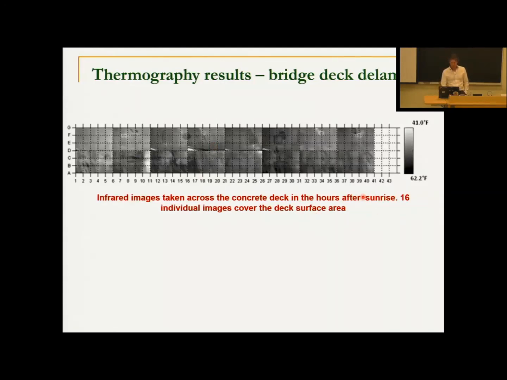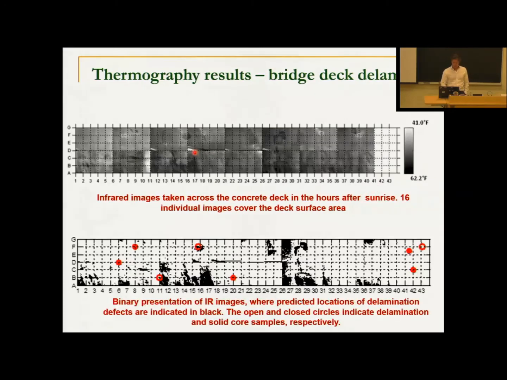So we're looking for hot spots, right, lighter images. And you'll see that these images sort of correlate here with the presence of defects that we have from the bottom determination, which was done separately, right?